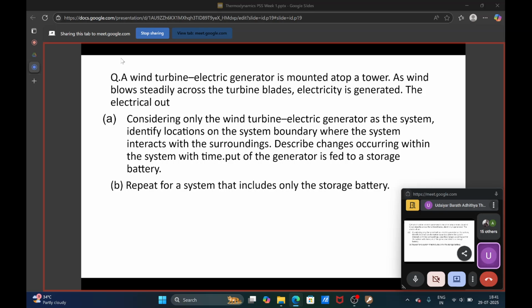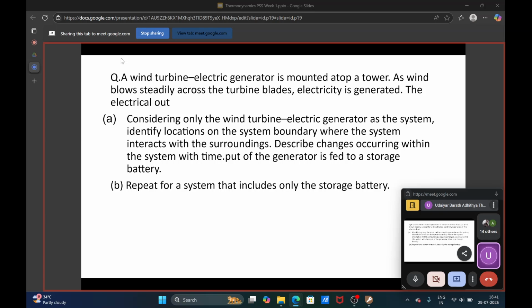So we have a wind turbine electric generator. Those are the windmills which you see. That is mounted, and because of the wind blowing across the turbine blades, you are generating electricity, and the electricity is coming out and is fed into a battery.